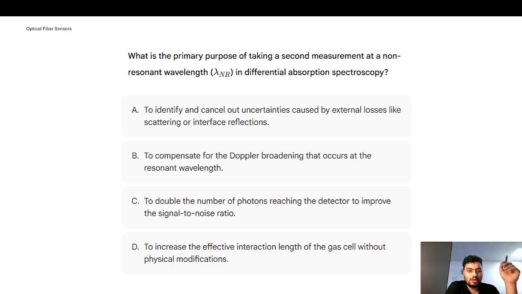B, to compensate for the Doppler broadening that occurs at the resonant wavelength. C, to double the number of photons reaching the detector to improve the signal to noise ratio. And D, to increase the effective interaction length of the gas cell without physical modifications. Please let me know your answer.